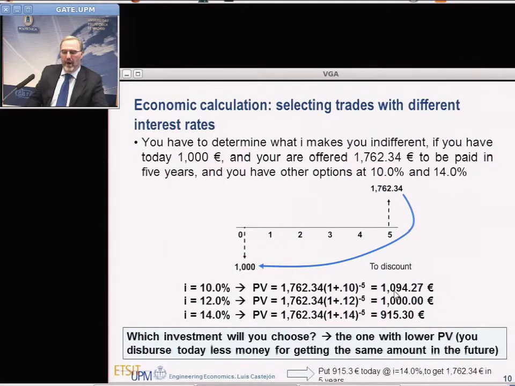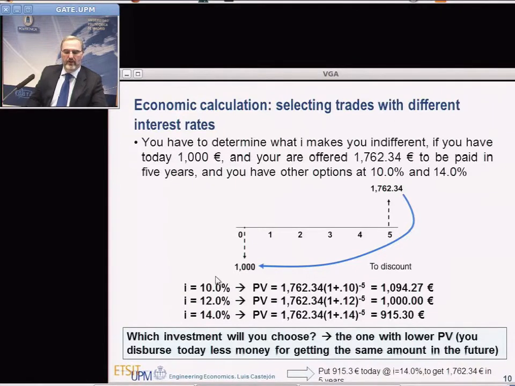You have to put 1,094 euros. So why choose this investment at 10%, that you need to put more money than the previous one? We have to put with 12%. If you want to get at the end of 5 years 1,762 euros, at 12% you put today 1,000 euros.